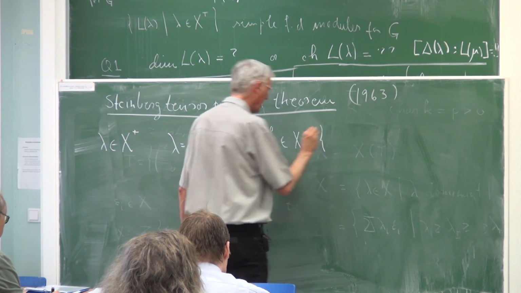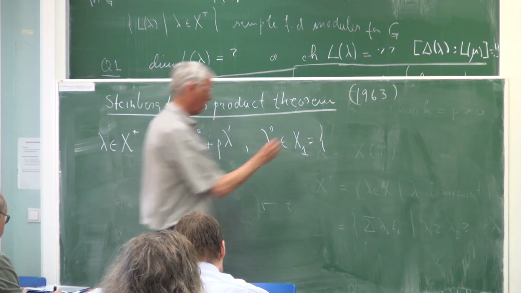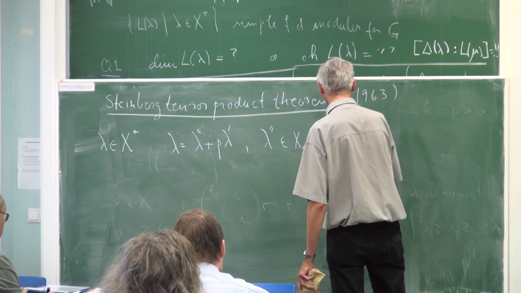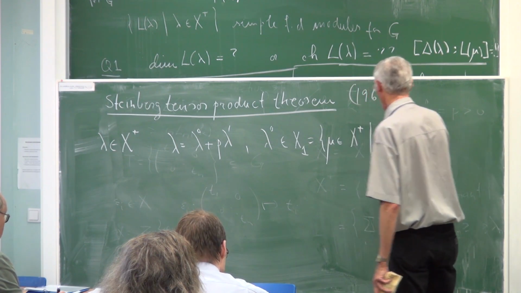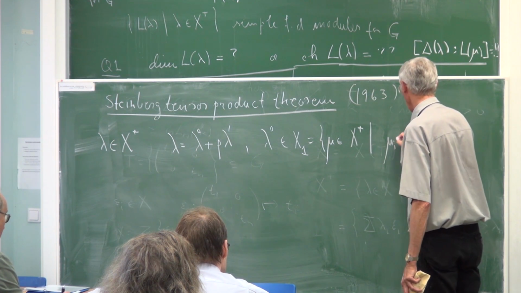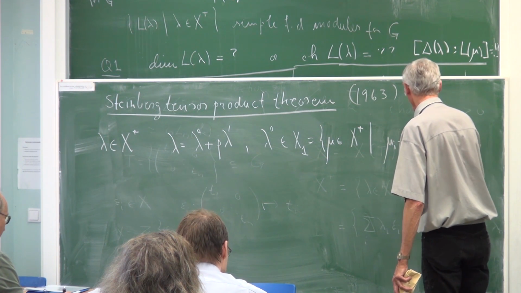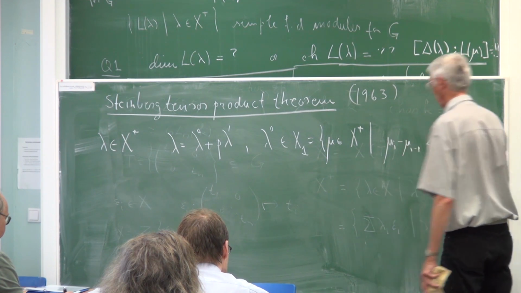X1 is the set of restricted elements, so let's say it's the mu's in X plus such that mu i minus mu i minus 1 is less than p for all i.